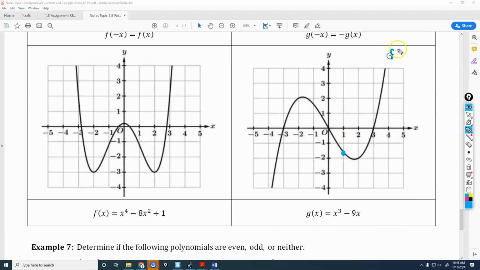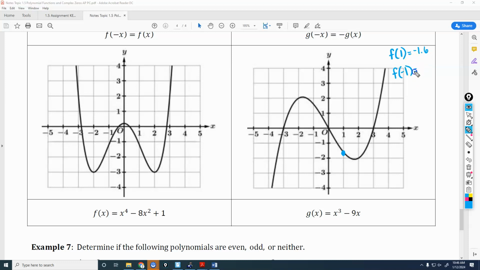So if I do f of 1, I'm getting, let's say, negative 1.6. Maybe it looks a little further than 1/2 right there. So I'm estimating here. So what should happen if I find f of negative 1 on an even function, I'd still get negative 1.6.